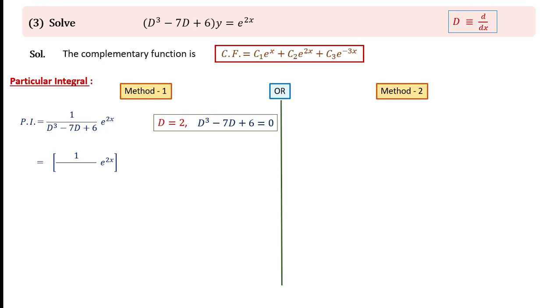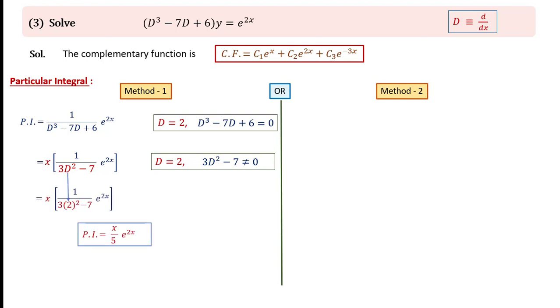So we will multiply the numerator by x and differentiate the denominator with respect to D. Now the denominator does not vanish when D is replaced by 2.